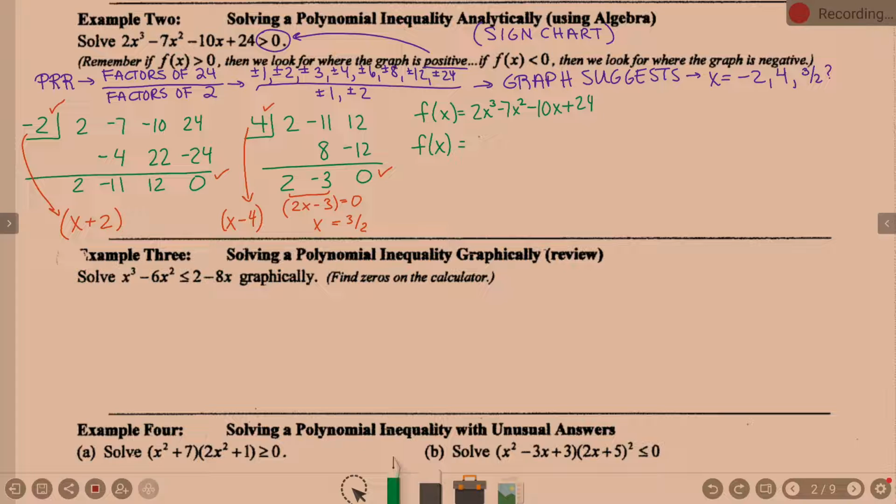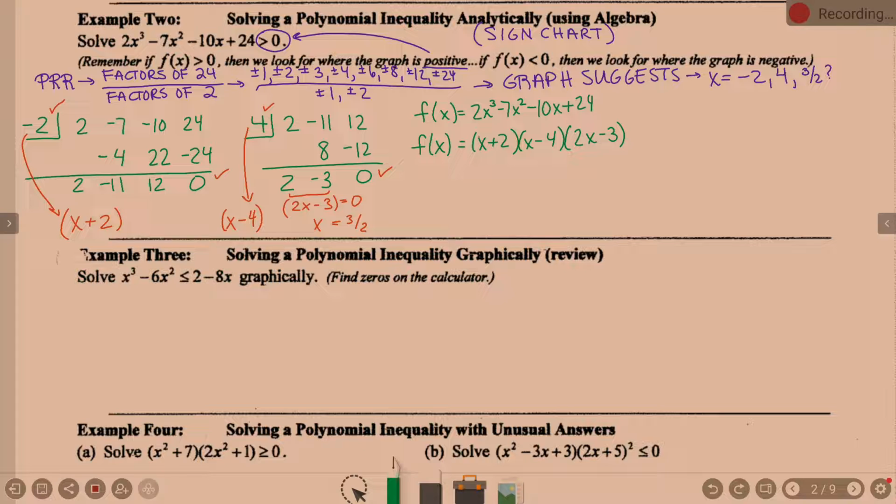What did I factor it into? I factored it into x plus 2, x minus 4 and the 2x minus 3. And the whole point of factoring this is what I can use with my sign chart now.